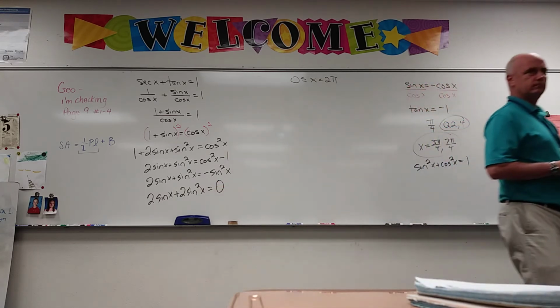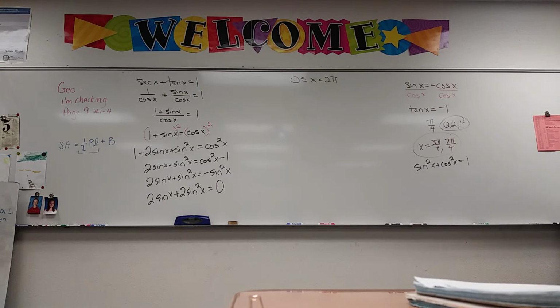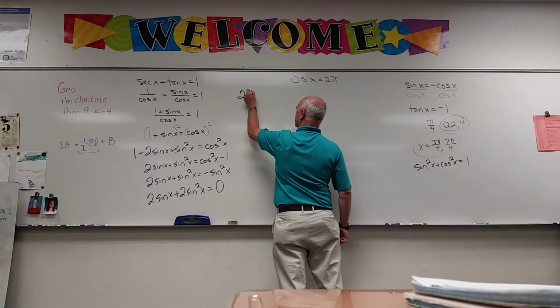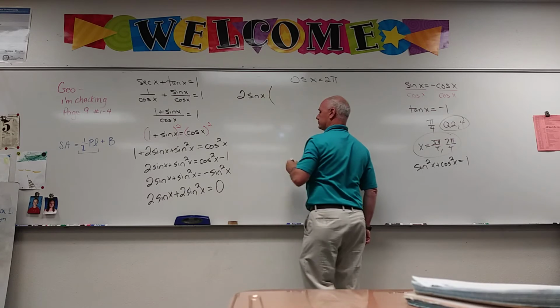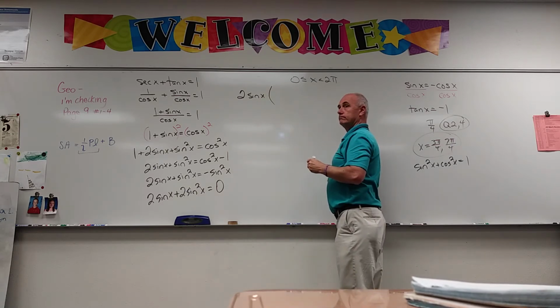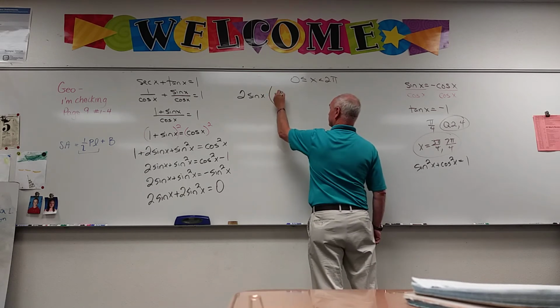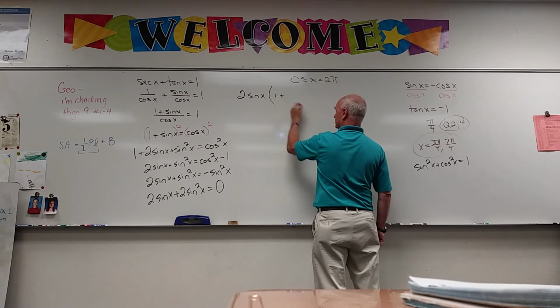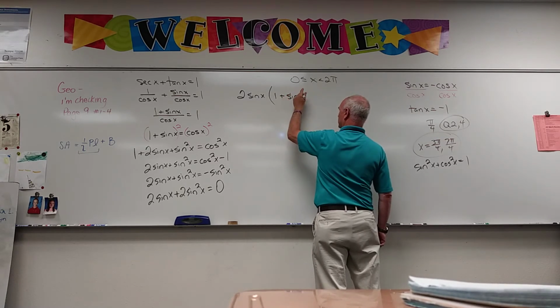And now we can factor. Take out the 2 sine of x. Sine of x times 1 plus sine of x.